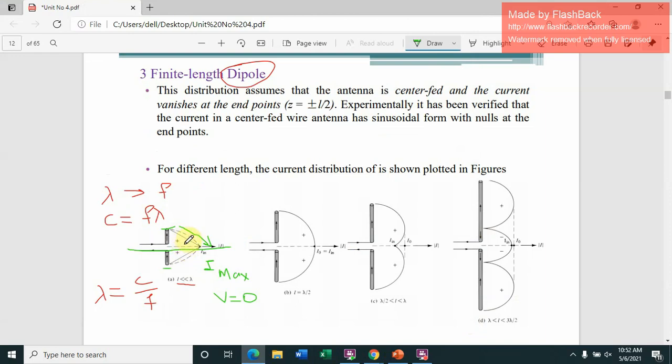It means just vibrating the charges, closer together or away from each other, and then the wave is generated.